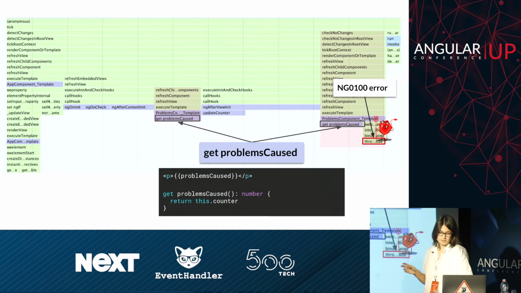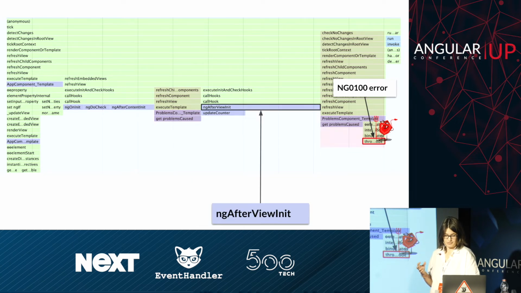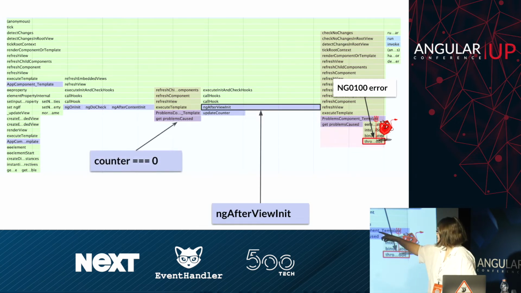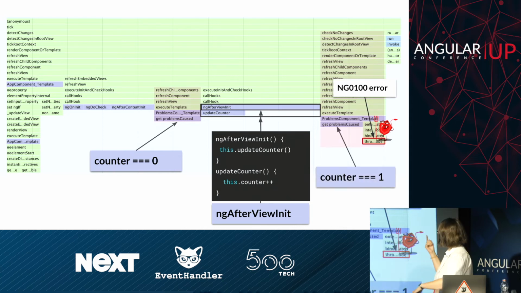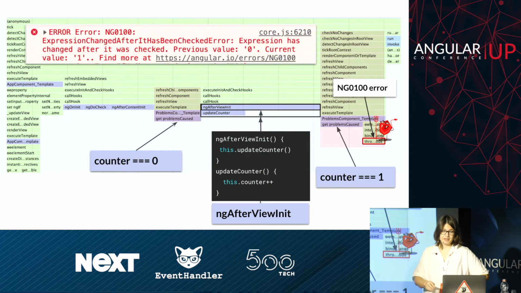Okay, second clue. Then let's combine everything we have. This is ngAfterViewInit. This is the time when we call the getter from the template, and counter equals 0. Then ngAfterViewInit starts and increments the counter. Then we call this getter again, counter equals 1, and then suddenly, out of nowhere, we get an error saying expression has changed after it has been checked.